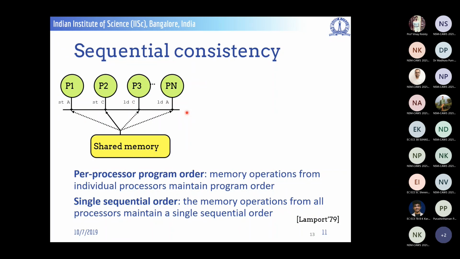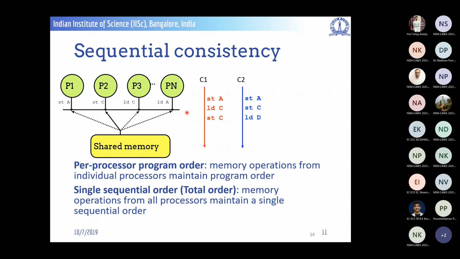There should be a global order for that. And in that global order, the load stores from each thread should appear in the same order as the program order in those threads. So let's take an example.